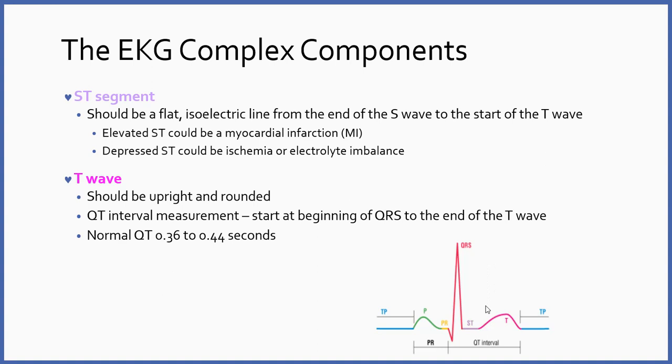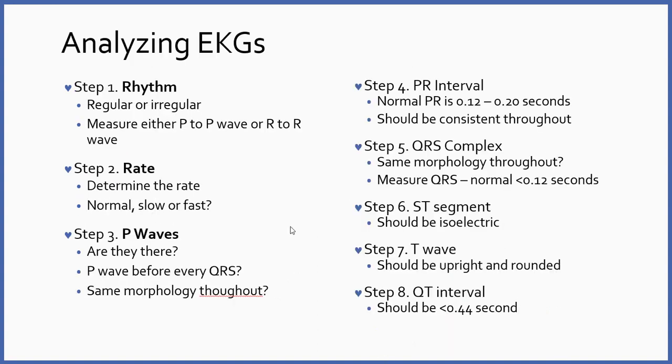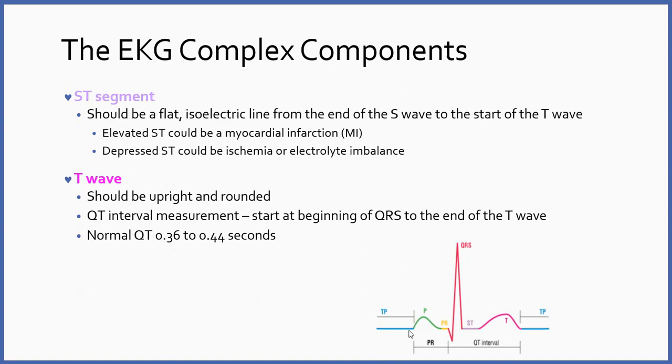We're going to measure the QT interval, and that's the time it takes for both ventricular depolarization and repolarization. Because we're measuring both of those things, our measurement starts at the beginning of the QRS, so you're going to start right here, and you keep going to the end of the T wave.